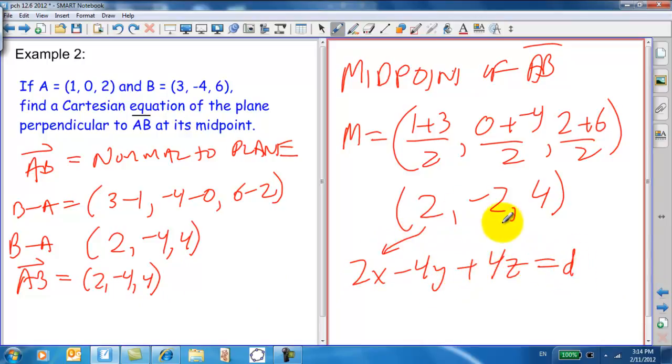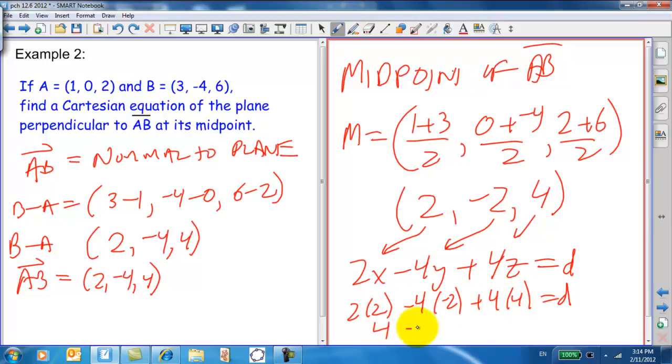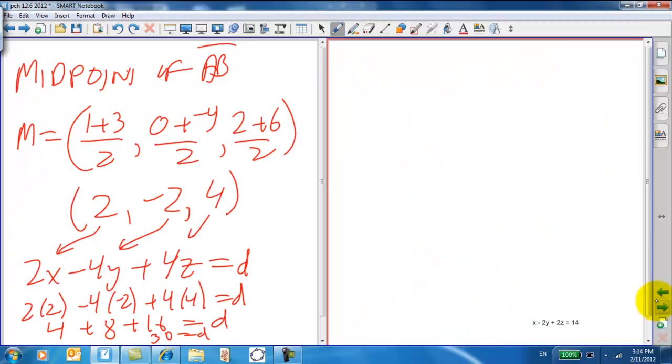And now we can put our point in. 2 times 2 minus 4 times negative 2 plus 4 times 4 equals d. So it's 4 plus 8 plus 16 equals d. So we get 30. d equals 30. So we may have messed up here a little bit somewhere. Let's find out where.